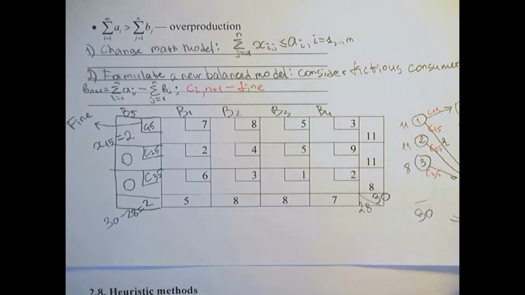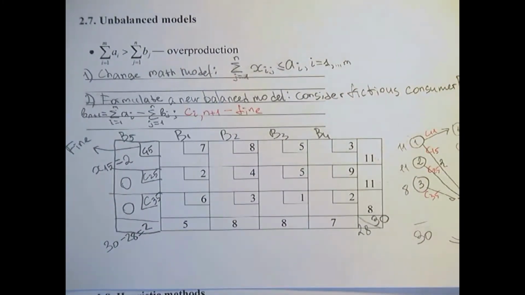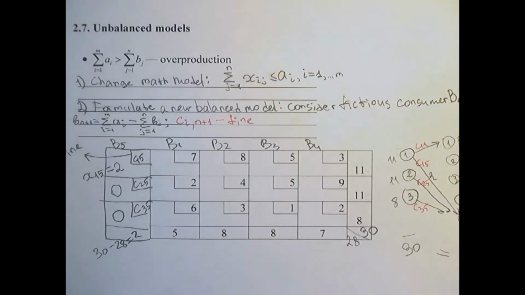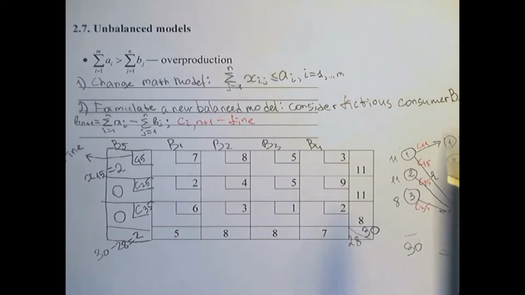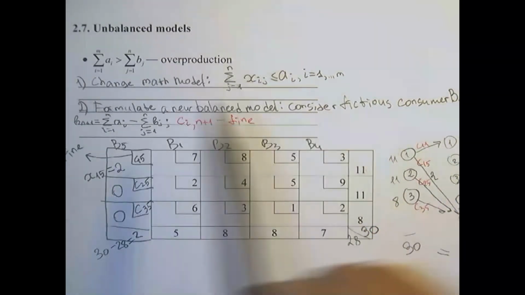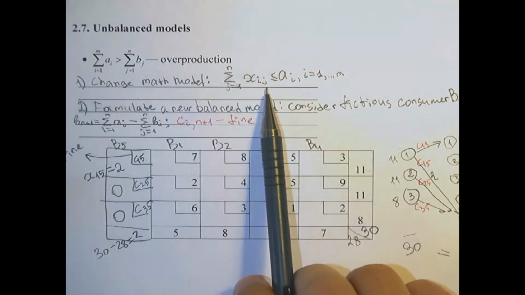So, to resume, when we meet an overproduction case for a transportation problem, we should first of all understand: are there penalties for leaving 1 unit of our product at the warehouses of our suppliers? If there are no penalties, we may take the first approach and just change the mathematical model.